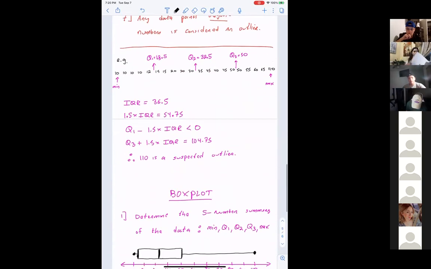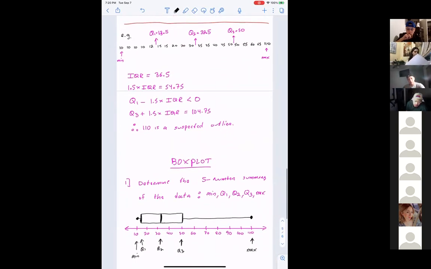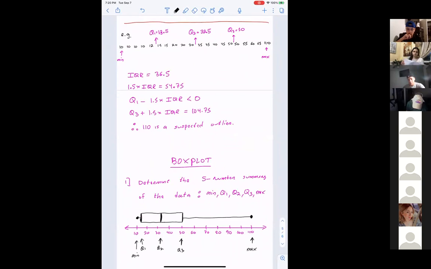It's from 10 to 110, but on the left side, our box is from 10 to 50. So there's more 10 to 50 than there is 60 to 110. That's why I was thinking that on the left side it'll be a higher percentage compared to the right side.